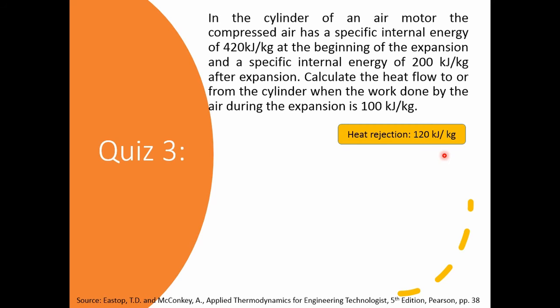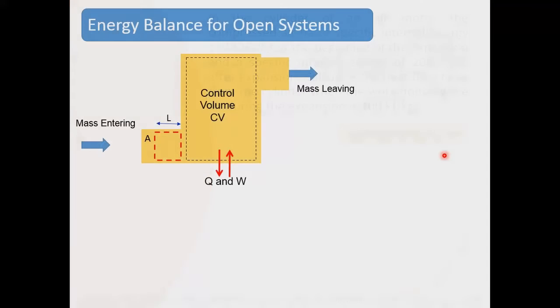Let us now apply the first law into open system. That is the energy balance for open systems. Since open systems are associated with mass transfer crossing the system boundary, a work is needed to push the fluid into the system as well as from the system.